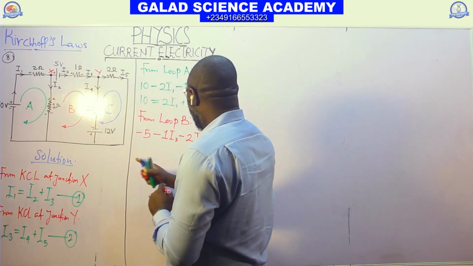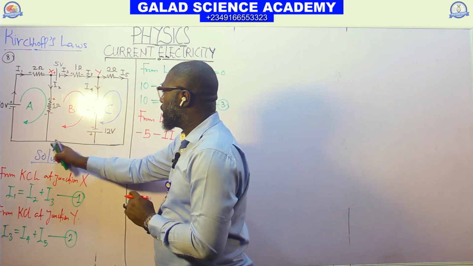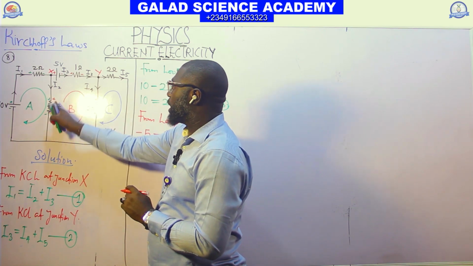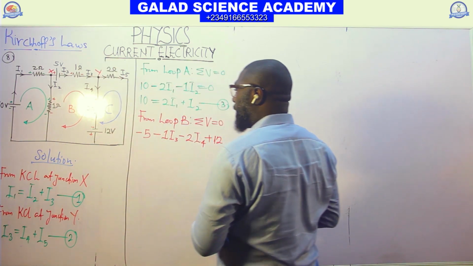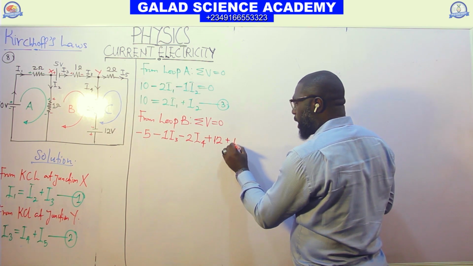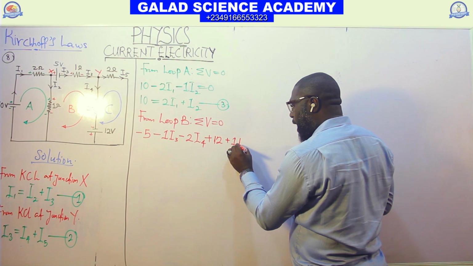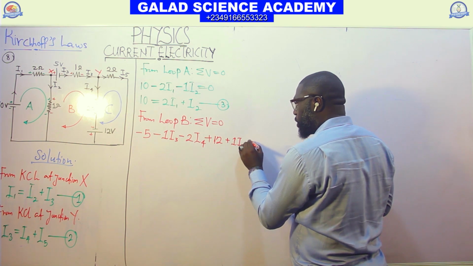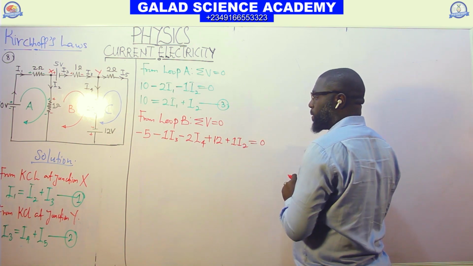Then after leaving the 12 volts, it's going like this. Then voltage rise. It will be plus 1 I2. Everything equal to 0.